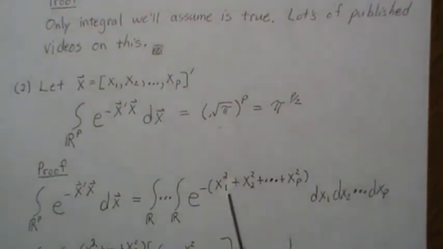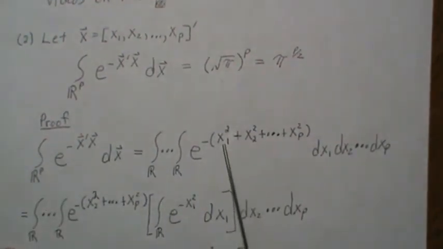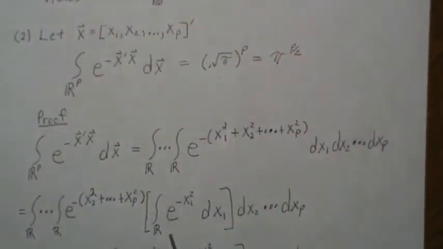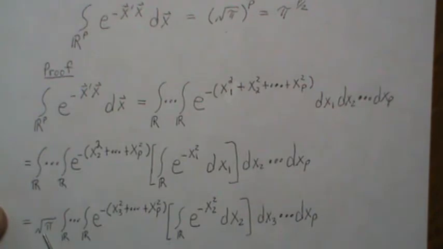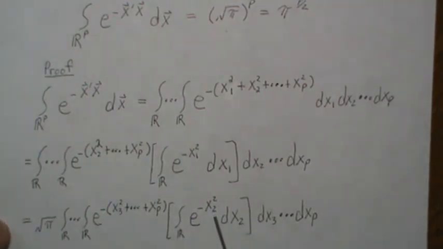And next we can break this e function apart a little bit. So we can isolate the e to the minus x1 squared and then take everything out front. And so we integrate this first, and based upon identity 1, we know that's the square root of pi. So that'll come out front, and then we're left with what's left over. But we could isolate the next one, the x2 squared term.